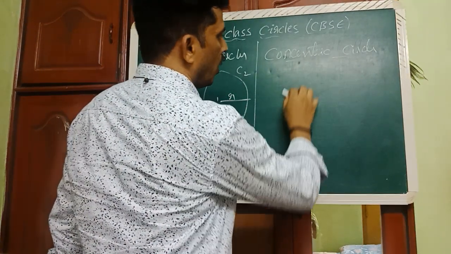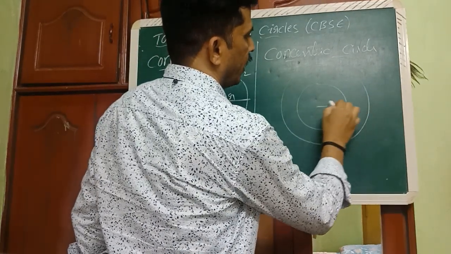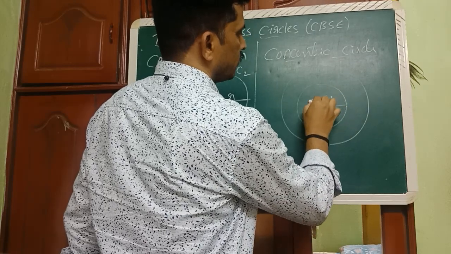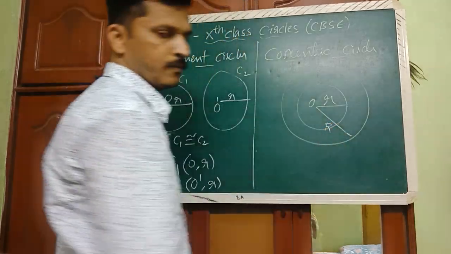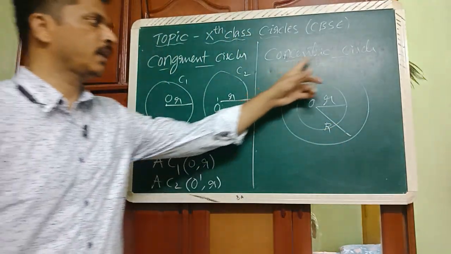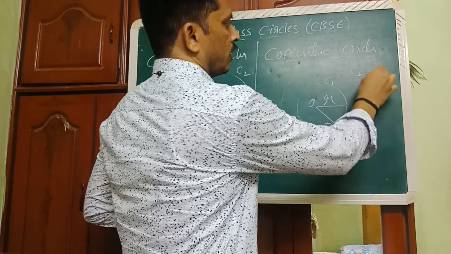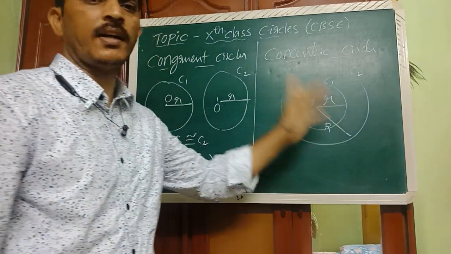Concentric circles: two or more circles having the same center and different radii. This is circle C1, this is circle C2; these two circles have the same center and two different radii.